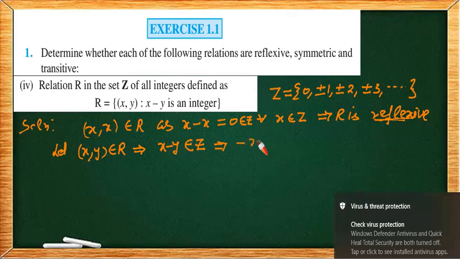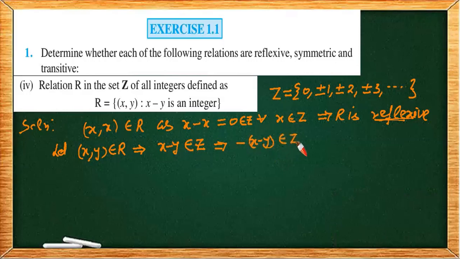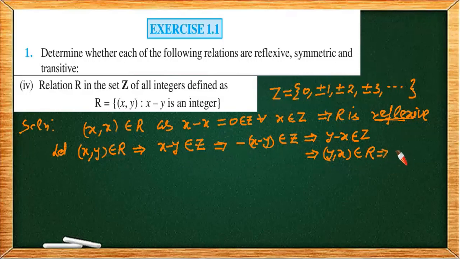So minus of (x minus y) will also be an integer, so belongs to Z, which implies y minus x belongs to Z, which implies ordered pair (y, x) belongs to R. So (x, y) belongs to R implies (y, x) belongs to R. Therefore, you can say R is symmetric. This relation is symmetric.